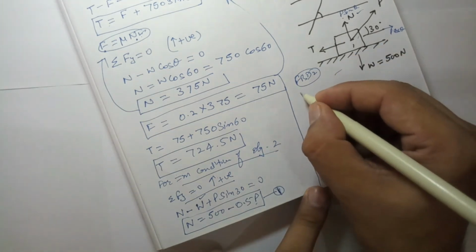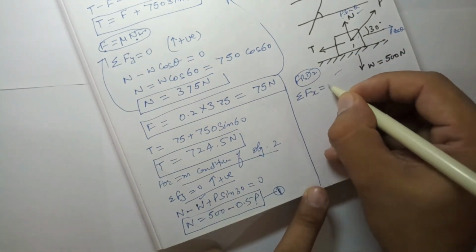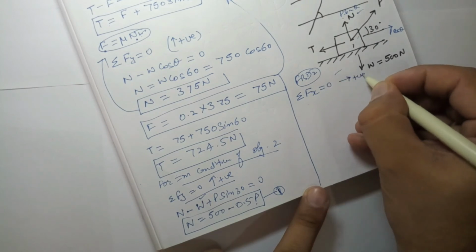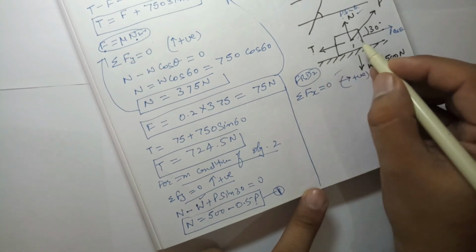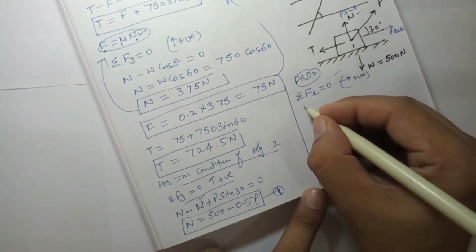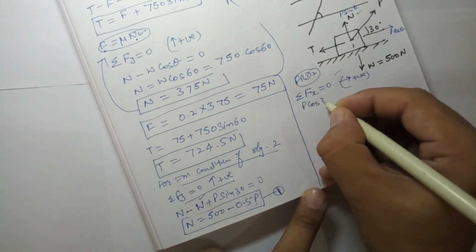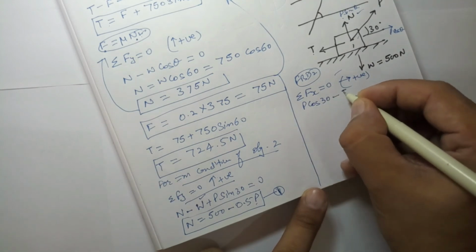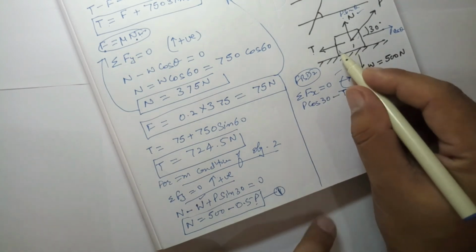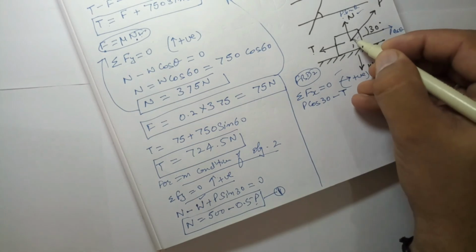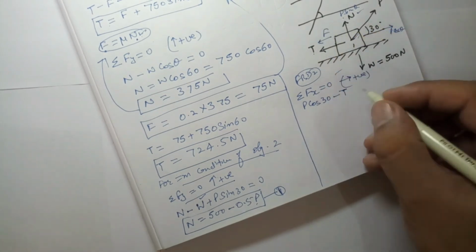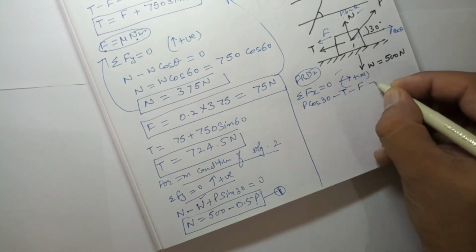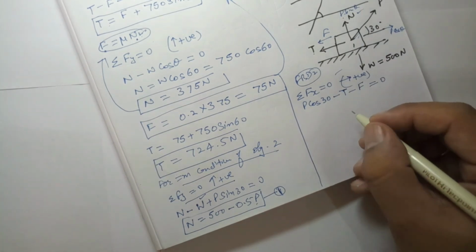Now we will see the equilibrium condition, that is x-axis sum 0. Let's say the right side we have taken positive. Now you see, on the right side P cos 30, and on the left side tension. So we can write P cos 30 minus tension, and there is one other force. What is that? That is the friction force. If the applied force is in this direction, the friction force will be in this direction, so it will also be minus, that is equal to 0.